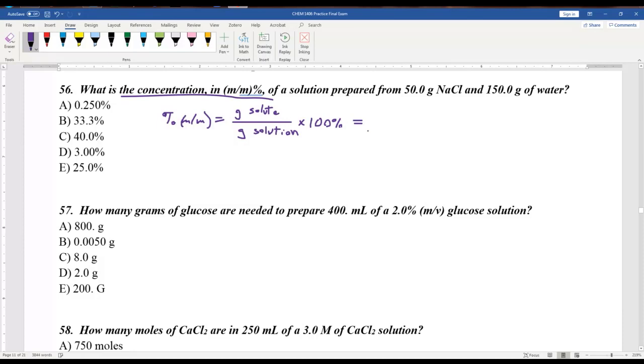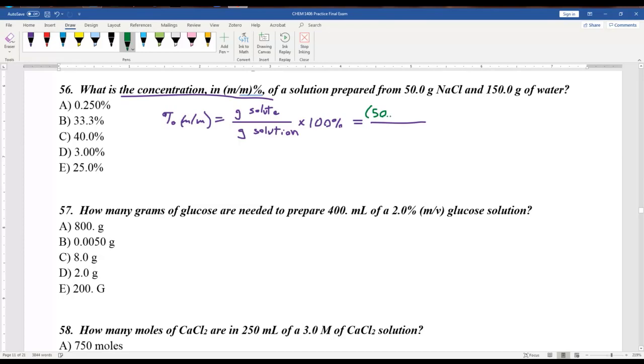Okay. So what's the grams of solute in this case? What's the grams of solute? 50.0. Mm-hmm. Very good, 50.0.